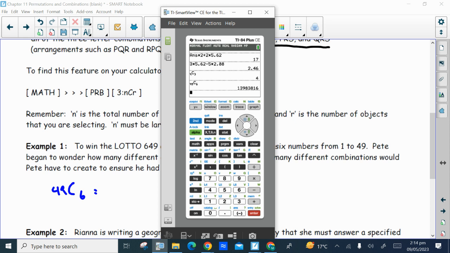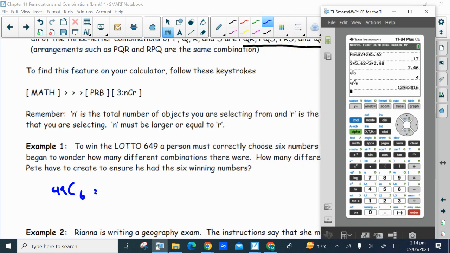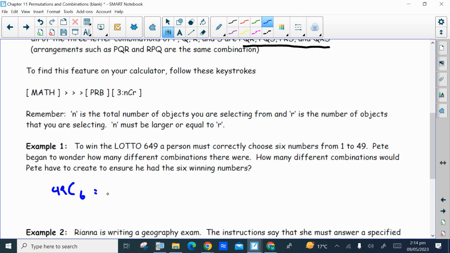49C6 is a pretty big number. It's 13,983,816. So that means that if you were to buy one ticket with every possible combination of numbers, that's how many tickets you'd have to buy.